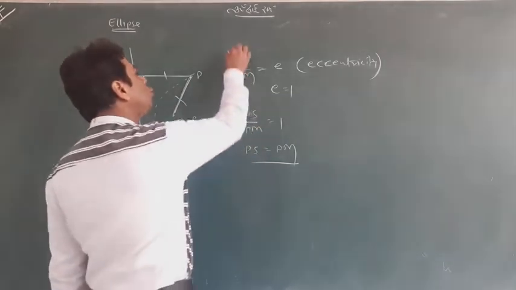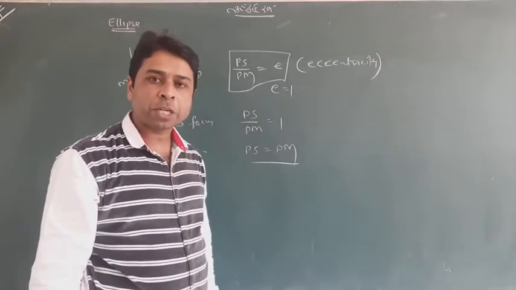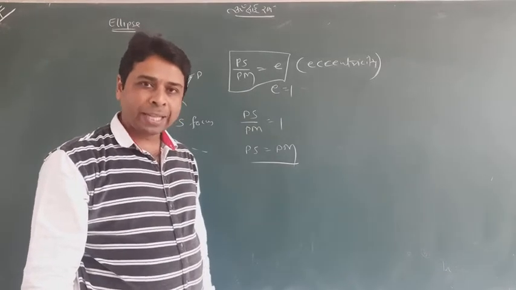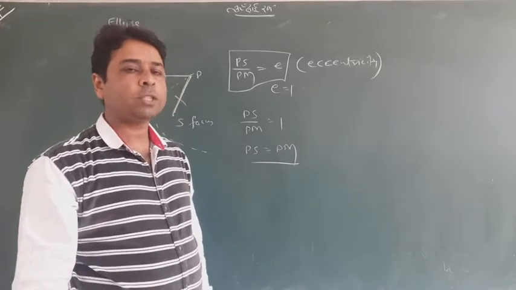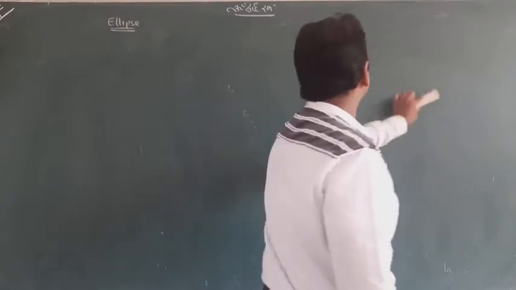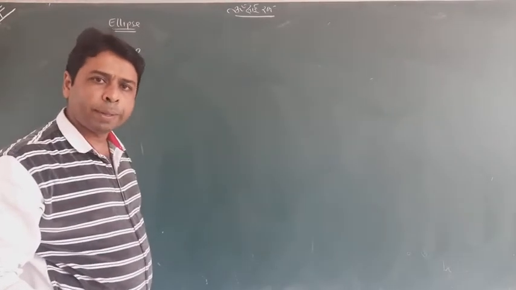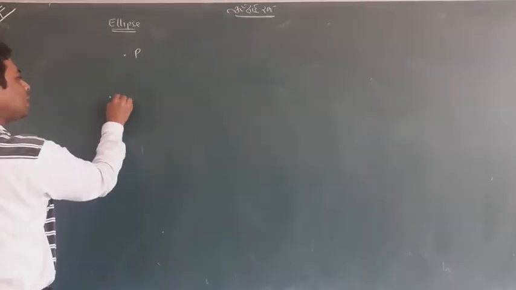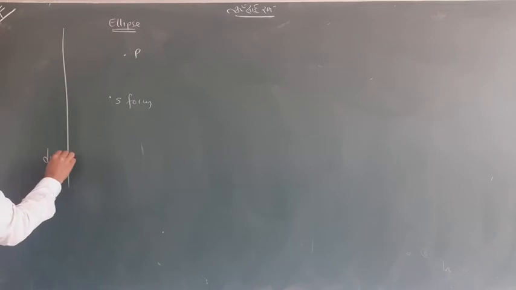You should remember that PS upon PM is a constant value. E is called the eccentricity, and one should always remember it. Now P is any movable, variable point, S is the focus, and this is the directrix.